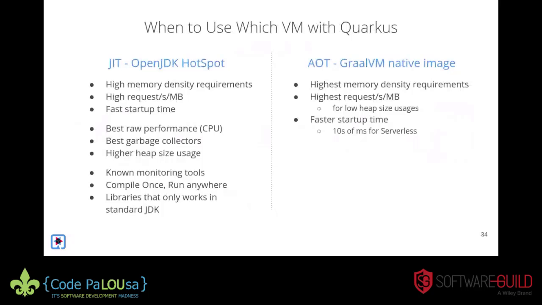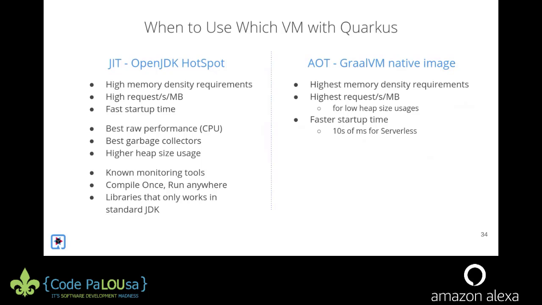So as far as use case, going back to maybe it's not going to fit all the use cases. Lambdas could be obviously one of those use cases, but when do you want to use which VM for Quarkus? If you've got high memory, dense applications, you're probably better off running on HotSpot, because those optimizations can still take place.